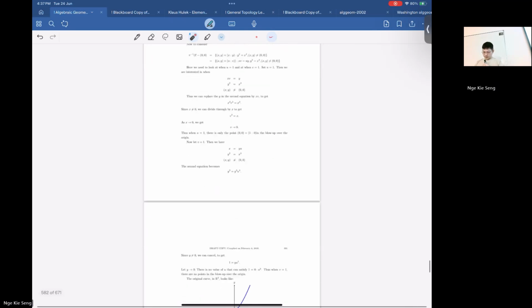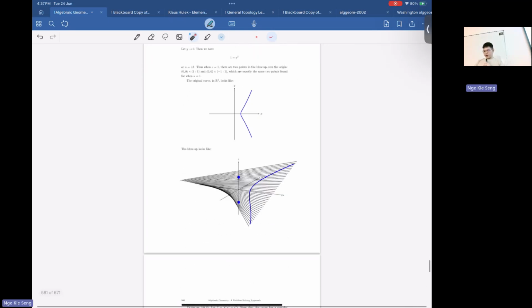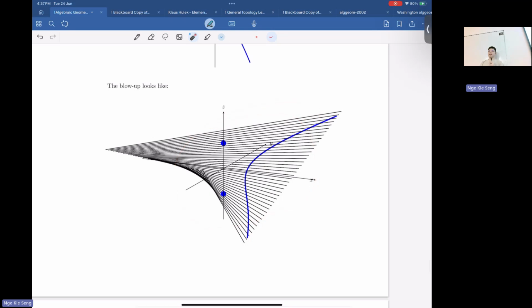And so in this graph, you can see that this blow up is actually not irreducible, because it has three parts here. So we don't claim that the blow up of a variety must be irreducible. It becomes not irreducible.